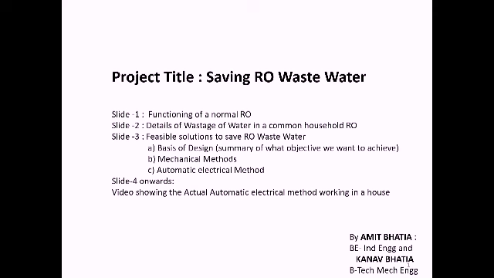And I'm sure that after going through this presentation, you would not only be motivated to make a similar system at your home for saving of RO wastewater, but also you would understand the functioning of a normal household RO so well that you would be able to do its operational maintenance on your own. So I'm taking you to the next slide.